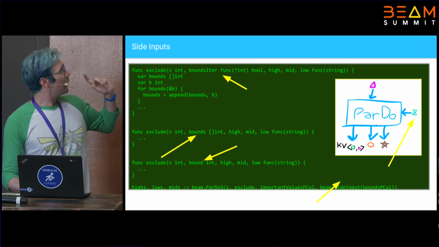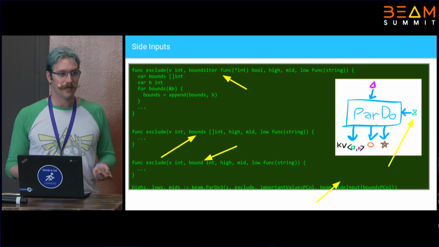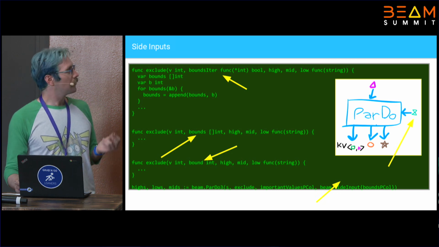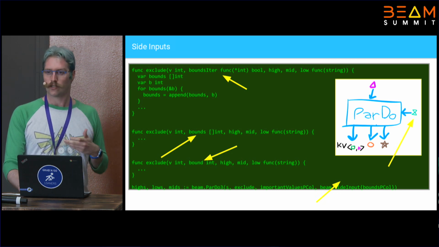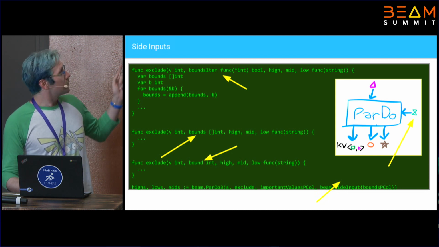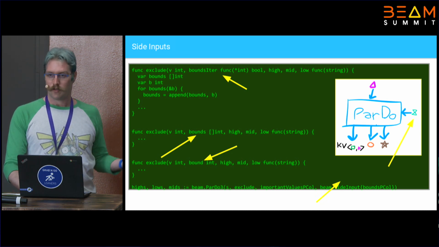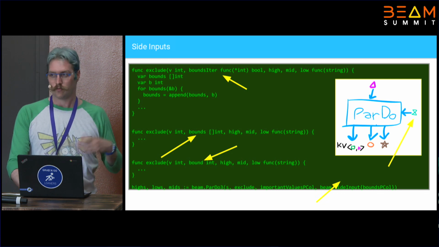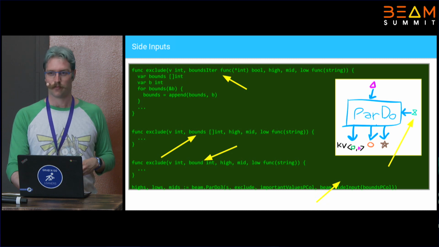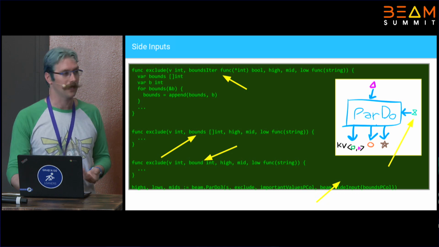Because we don't have generics in Go, but we do have some measure of strict typing, the Go SDK uses actual regular Go functions to handle its emitters and its side inputs. You can see up at the top there, bounds iter is using pointers and a function that returns a Boolean to do an iterator, so you can iterate over the data from your side input in an efficient manner. But there are some additional conveniences that we've added to the SDK as well.